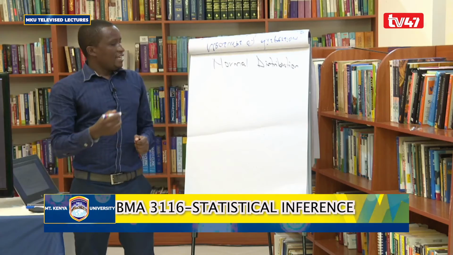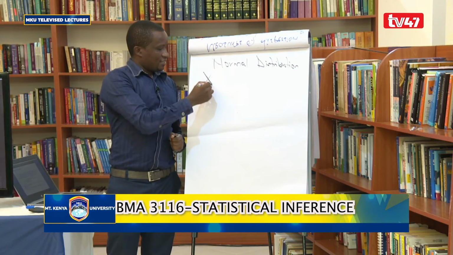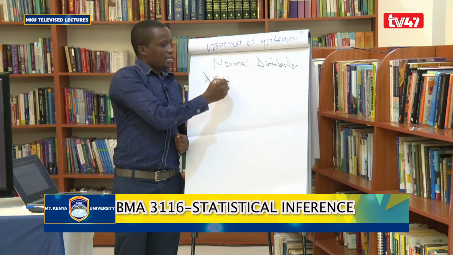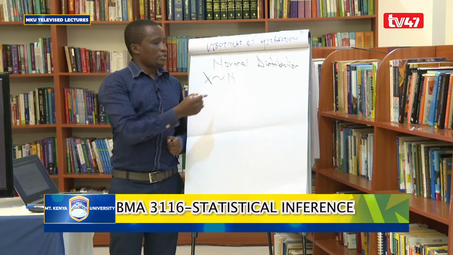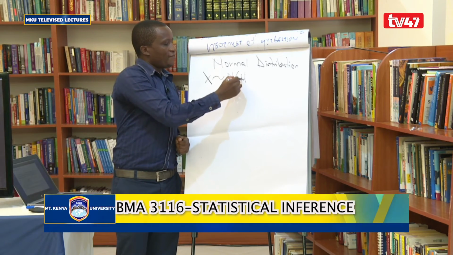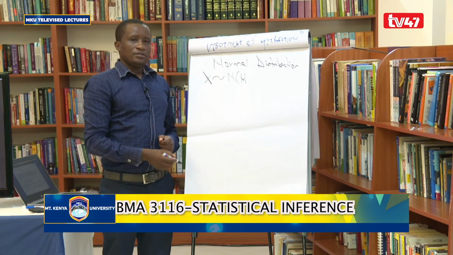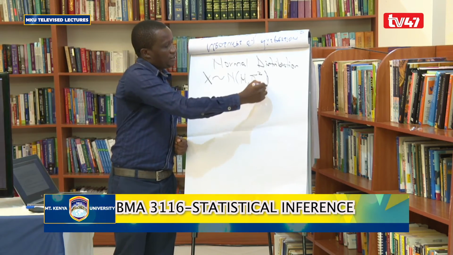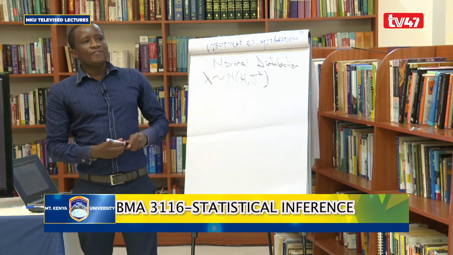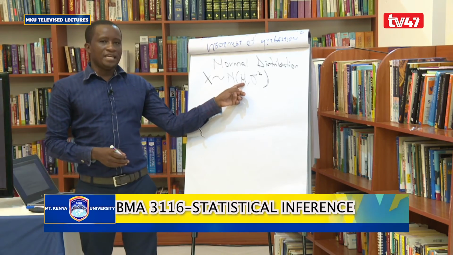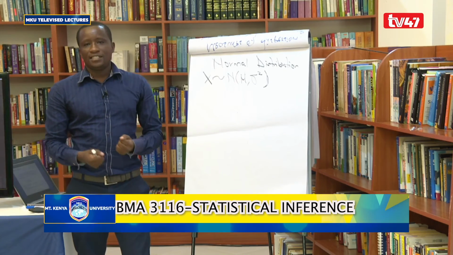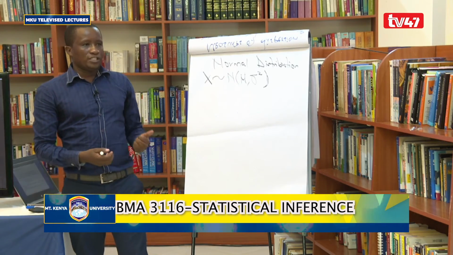In fact, if a random variable x is believed to be following a normal distribution, then we write it has a normal distribution. Then we define its mean using the symbol mu and the variance using the symbol sigma squared. So if a distribution has a known mean and a known sigma squared, then we say that distribution follows a normal distribution.